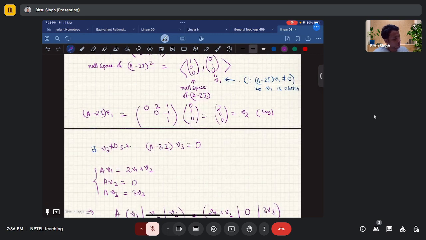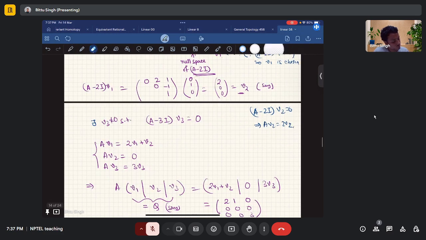The null space of A minus 2I belongs to the null space of A minus 2I, that means A minus 2I times v2 equals 0. So A v2 is 2 v2. There I made a mistake. So A v2 is the same as 2 v2.